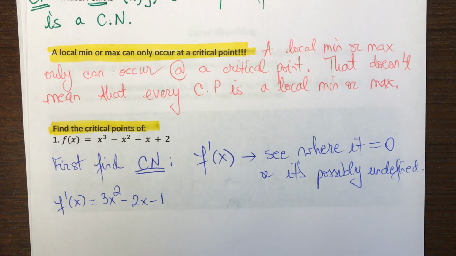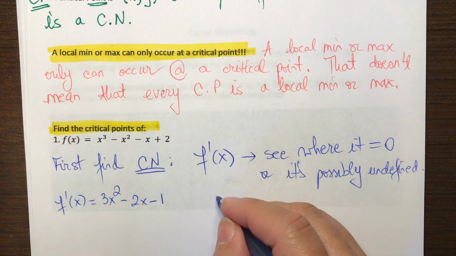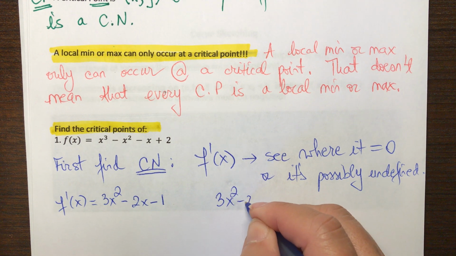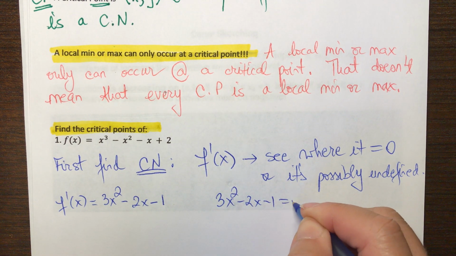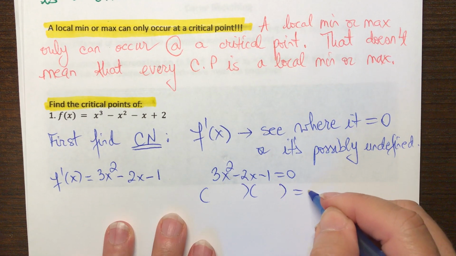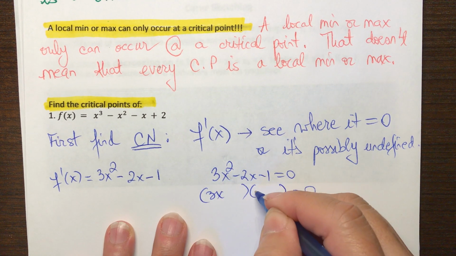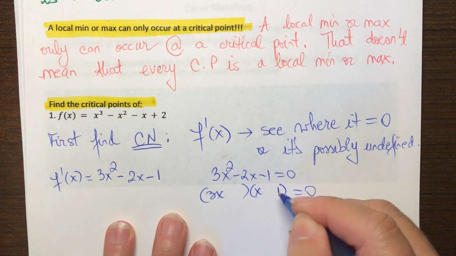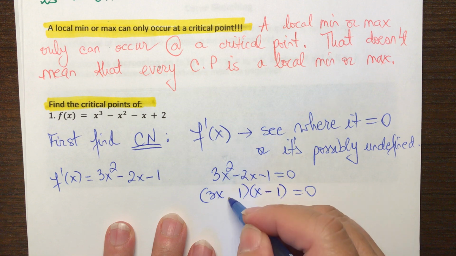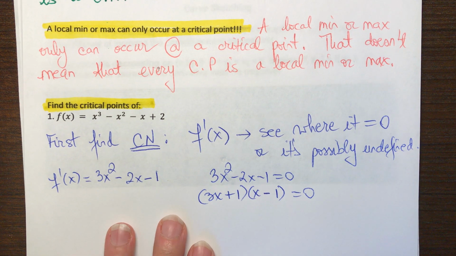Okay, so what do we want to do? We want to see when this equals 0. So I'm going to need to factor. Numbers that multiply to 3 are 3 and 1. Numbers that multiply to negative 1 are 1 and 1. To make the negative 2 in the middle, you have to set it just so, right?